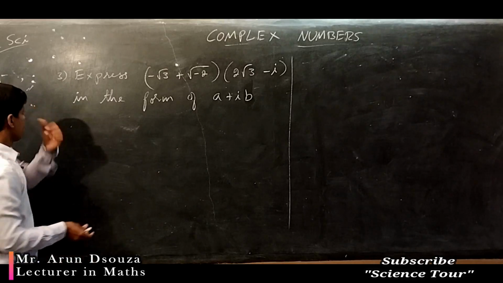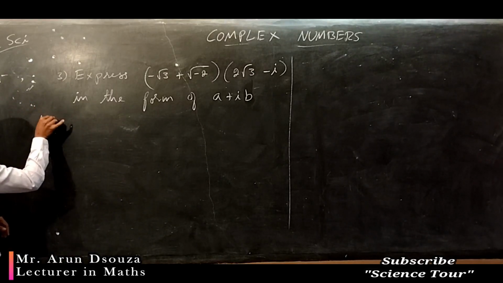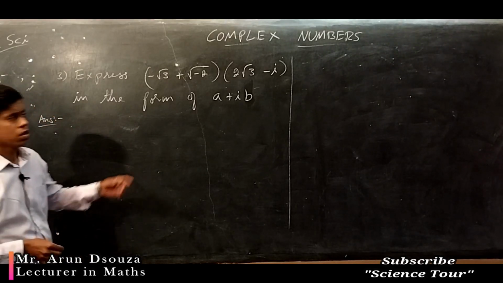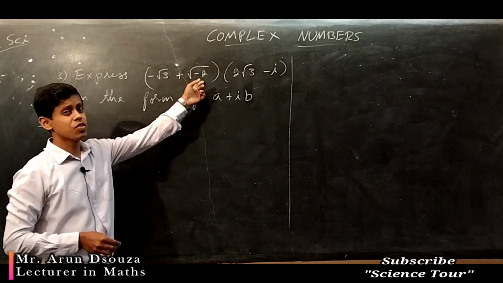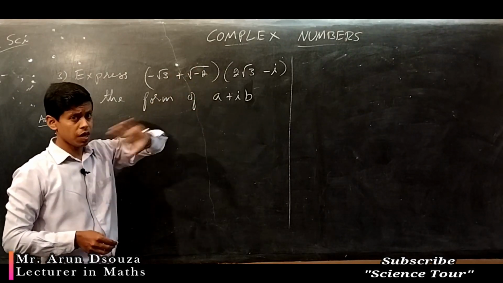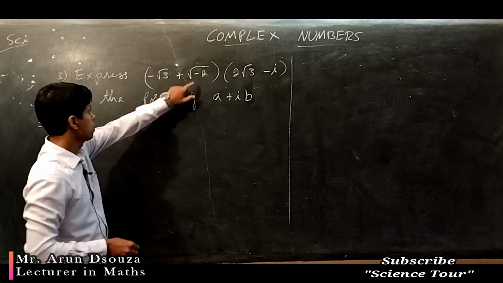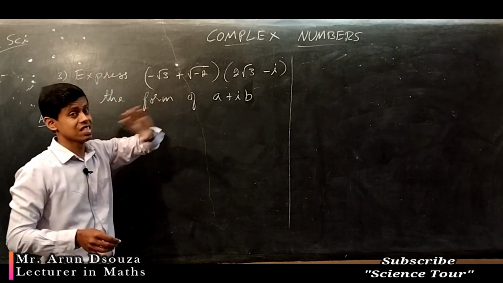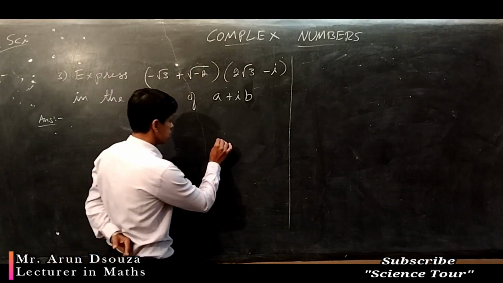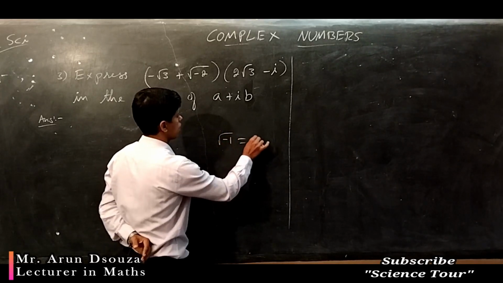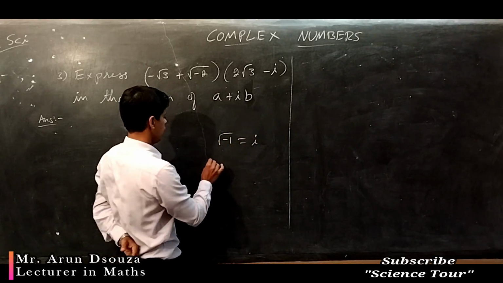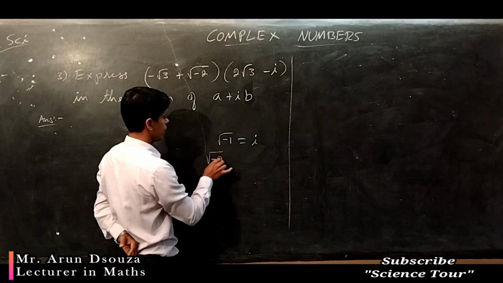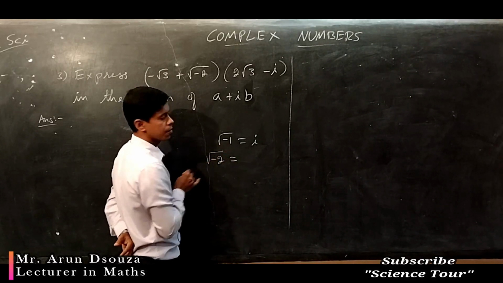Okay, so well, now how do you tackle this problem? We have to replace this first. Okay, so before multiplying, don't multiply, just add. Let us replace this. Understand, what is square root of minus 1? I, correct? Now when you have square root of minus 2, how do you write it?